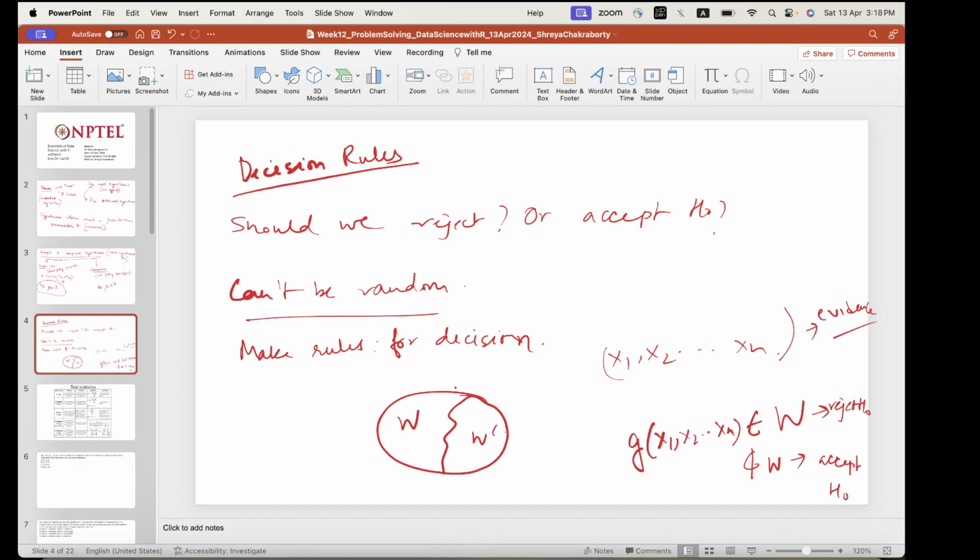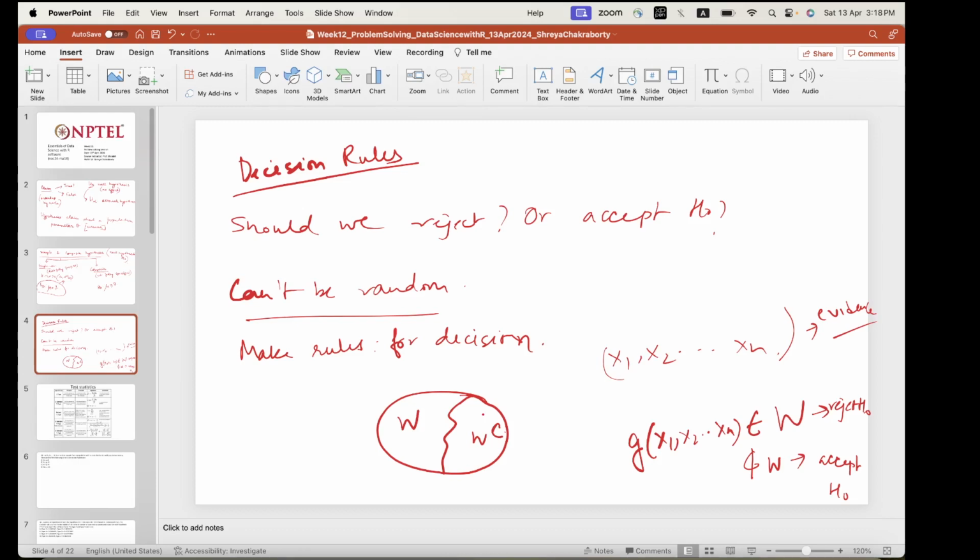Now note this W and W complement are mutually exclusive. There shouldn't be any gray area. It should be clearly defined. If it falls within W, I am going to reject. If it doesn't fall in W, I am going to accept. Now how do we do this?